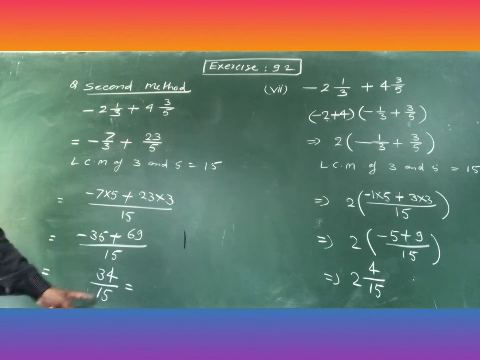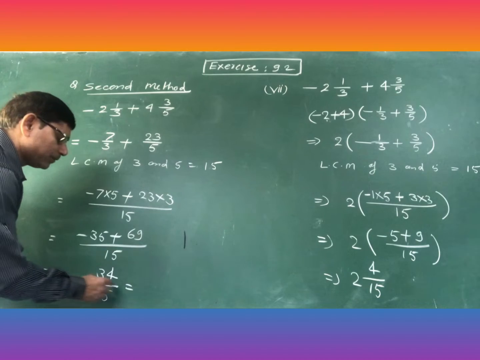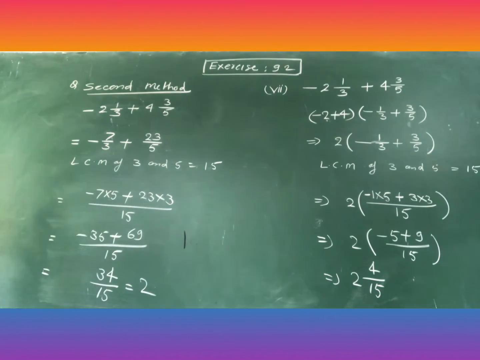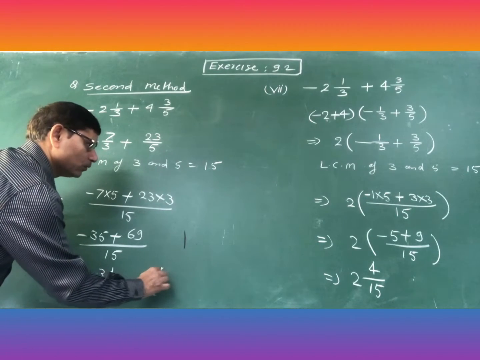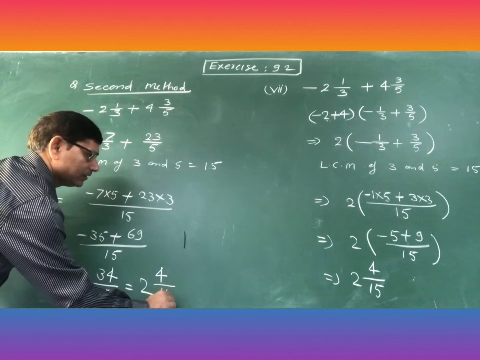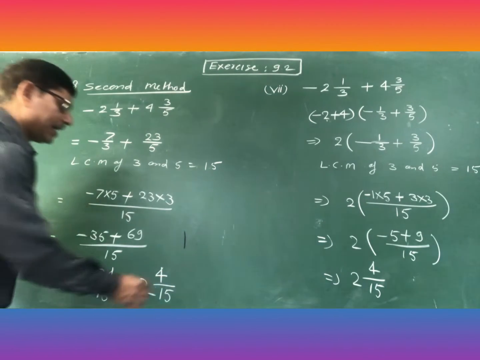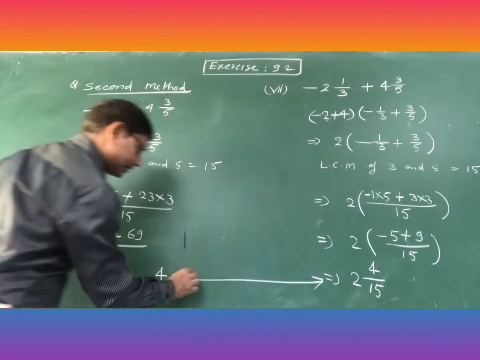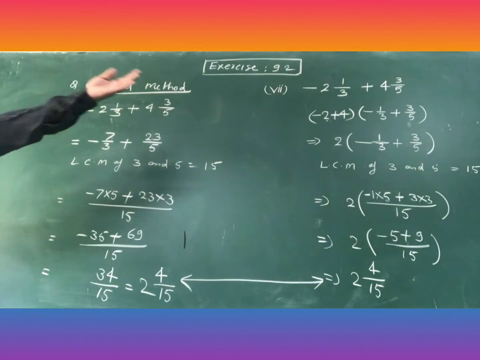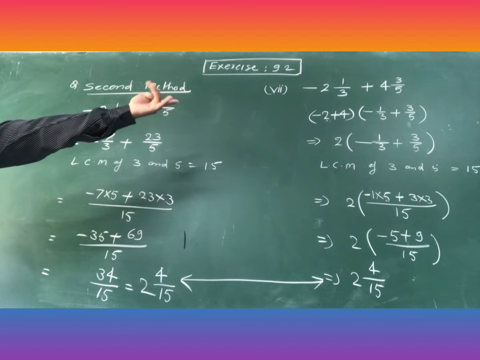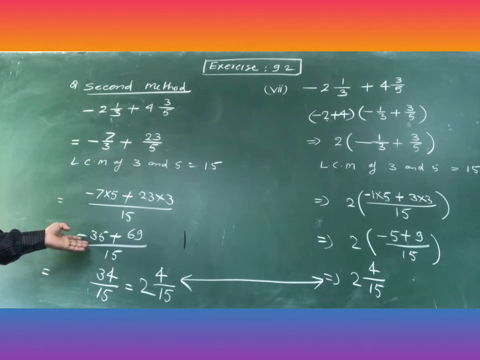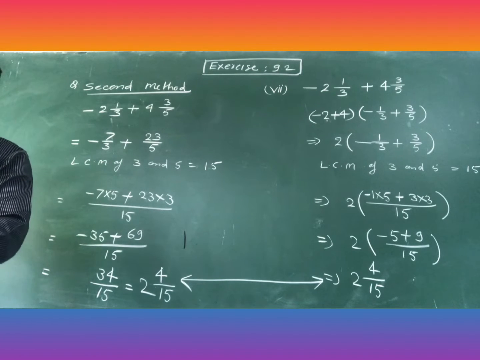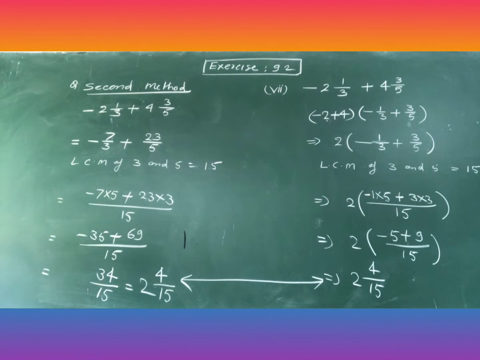So this rational number can be written as 2, and the remaining is 4, so you will write this 4 and by 15. So you can observe that both results are the same. Either you can solve like that, this is the first method, otherwise you can solve this way, this is the second method, you will get the answer the same.